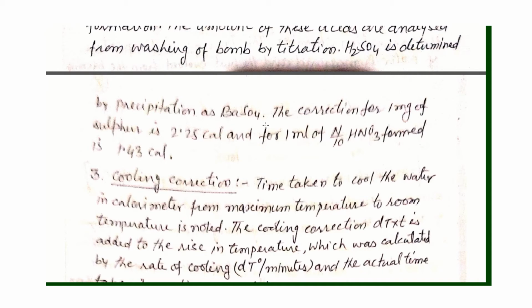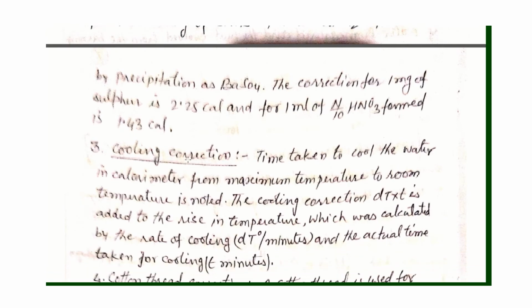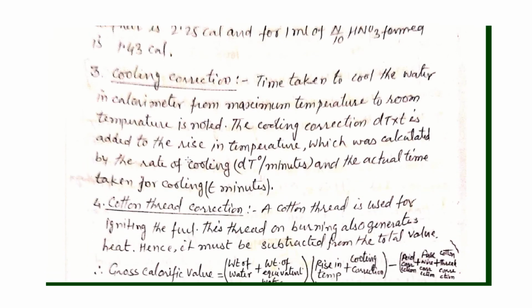The corresponding correction for 1 mg of sulfur is 2.25 calories, and for 1 ml of N/10 HNO3 formed it is 1.43 calories. And next, a correction is required after the experiment.